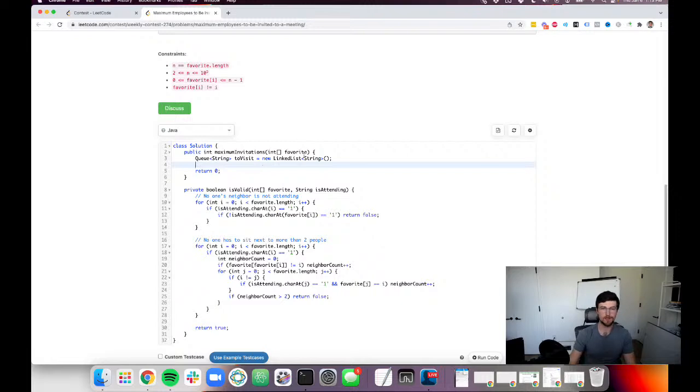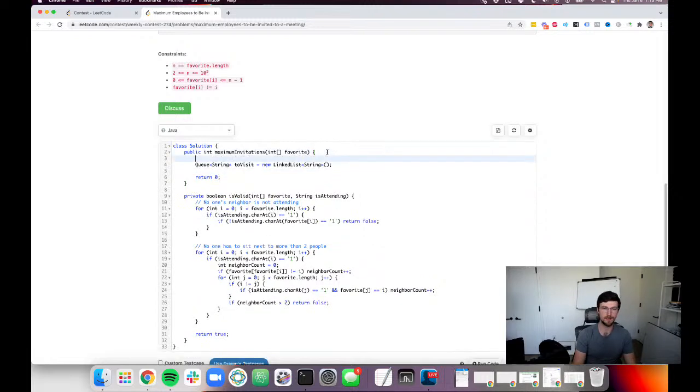We do have to construct the initial string. I don't know, there's probably an easier way to do this, but in Java I feel like this is basically the way to do it.